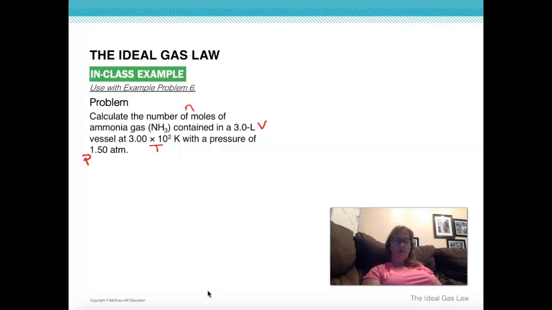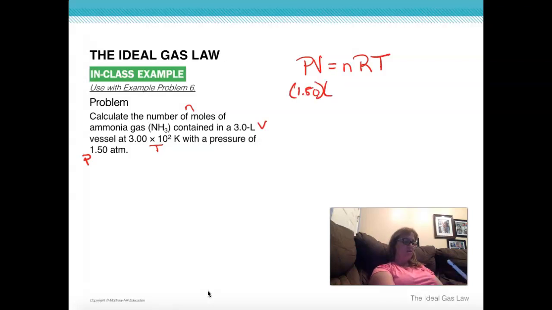So all we have to do is remember what our ideal gas law formula is. It's PV equals nRT. Now we just plug in what we know. Our pressure is 1.5 atmospheres. Our volume is 3 liters.